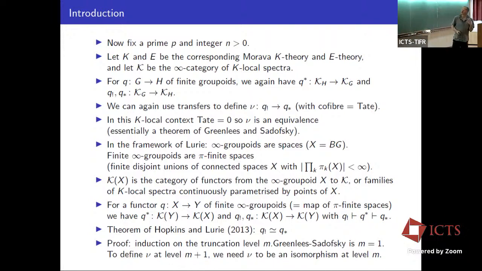A space with only a single homotopy group is called an Eilenberg-MacLane space. So you need to think about the properties of Eilenberg-MacLane spaces with a single homotopy group in degree m plus 1, and that single homotopy group has to be finite because we're looking at pi finite spaces here.